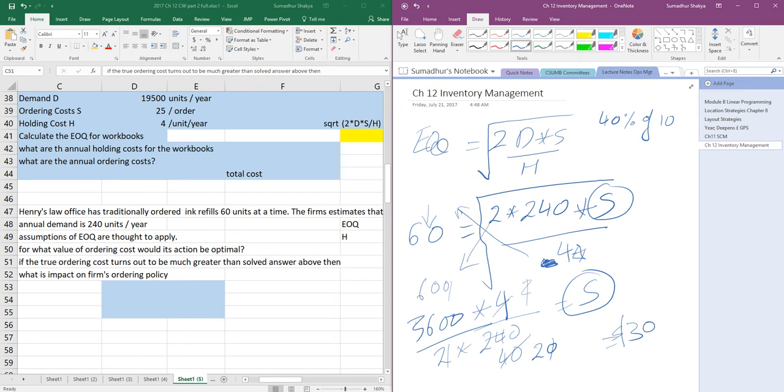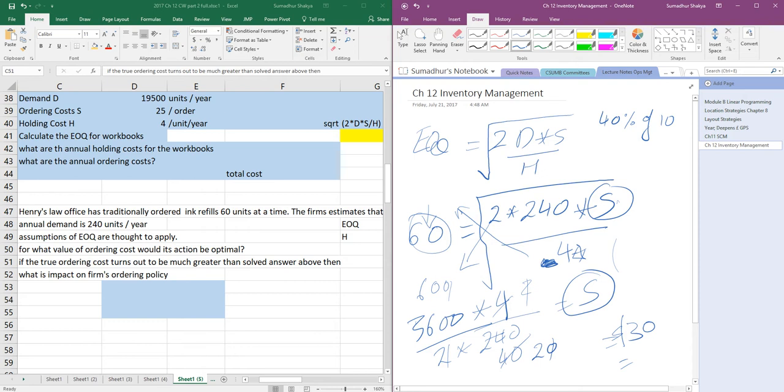If the true ordering cost turns out to be much greater than 30, what's the impact on the firm's policy? If the cost is much larger than 30, the optimal order quantity would be proportional to the square root of this increased value.